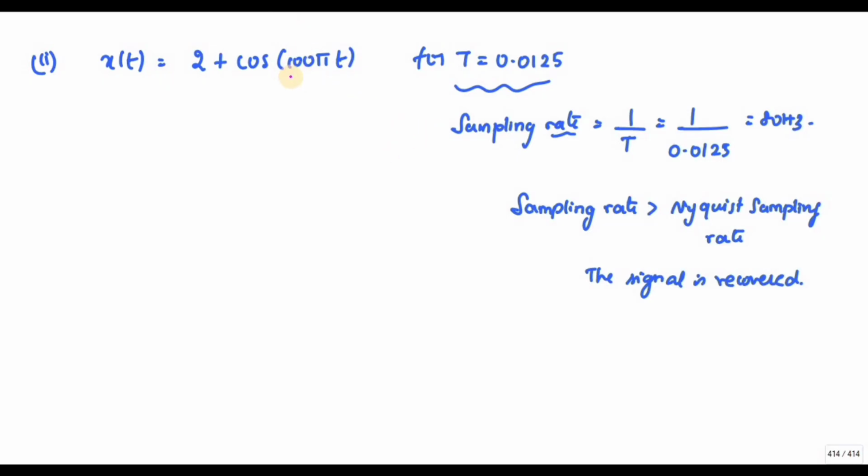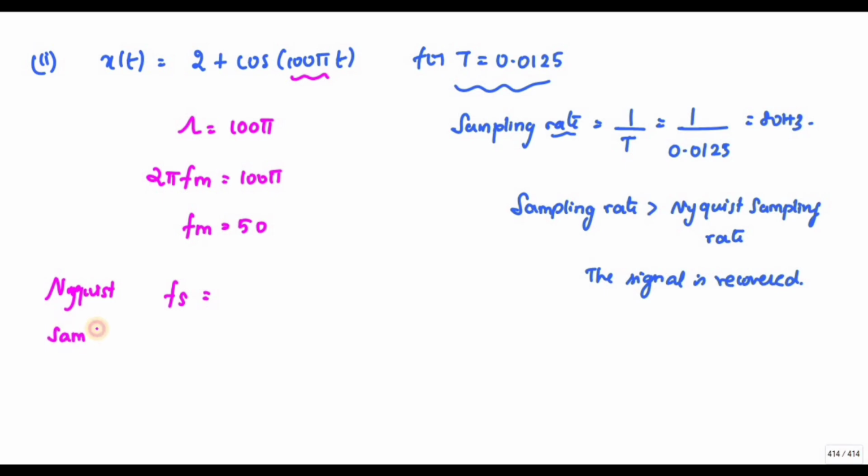So how to find the Nyquist sampling rate? This one is omega, that is 100 pi, and you know that omega is 2 pi fm, equal to 100 pi. So from this I can write fm is 50. So you know that the Nyquist sampling rate fs must be greater than or equal to 2 times fm.